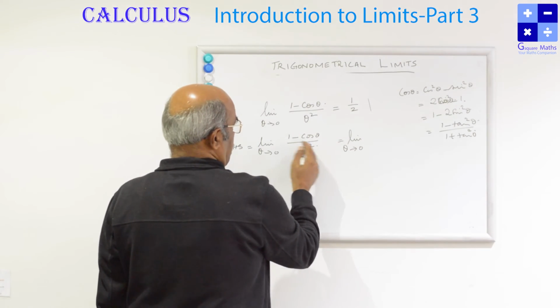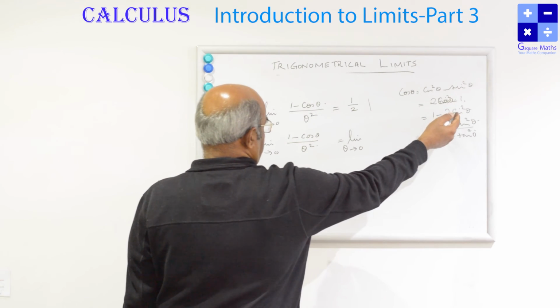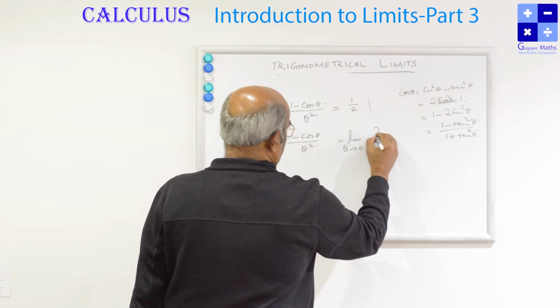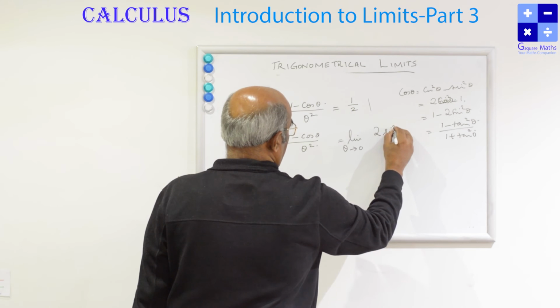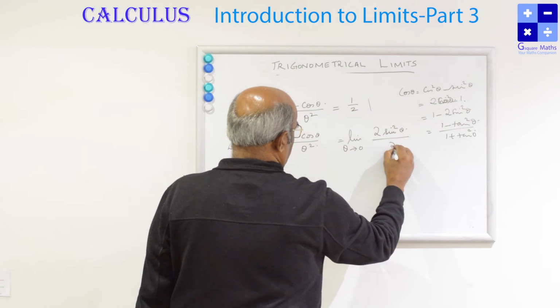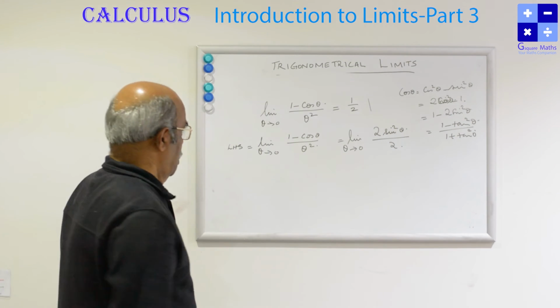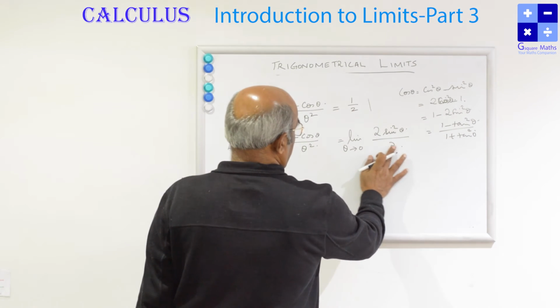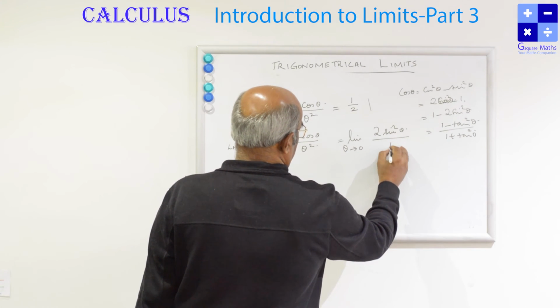So cos theta minus 1. Take the cos to that side, take the 2 sin square to this side, by theta square. Sorry.